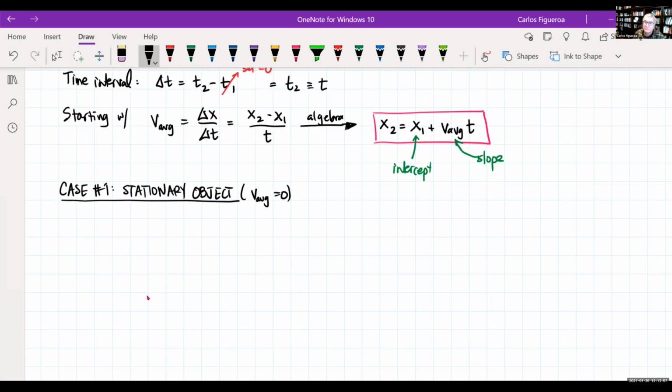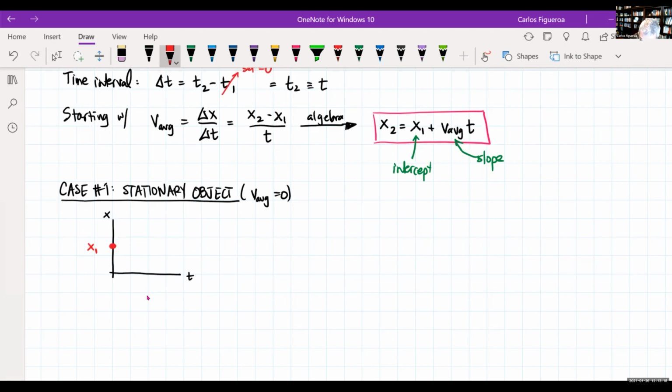Right, it's not moving. So what does that mean here? If I take my equation and I plot this for a stationary object, so now I'm plotting x versus t here, that means that the object, let's say, at t equal to 0 is located at x1.